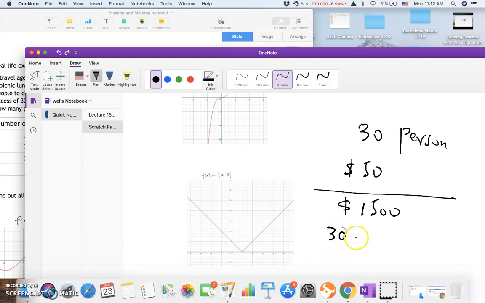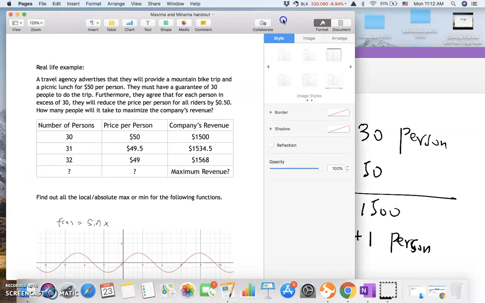And if we have 31 persons going on this trip, for 31 persons, here we have one person in excess of 30. Therefore, each person's price will be reduced by 50 cents.